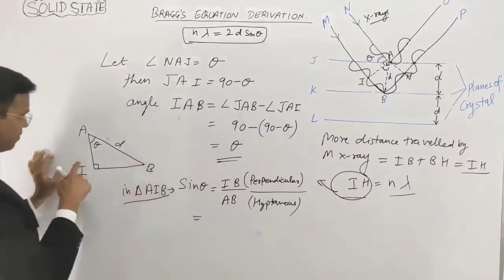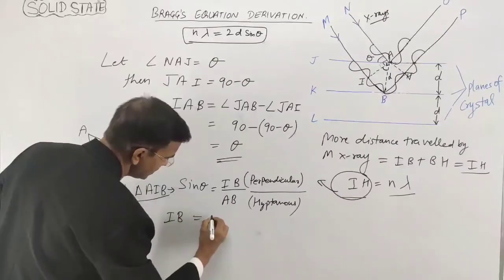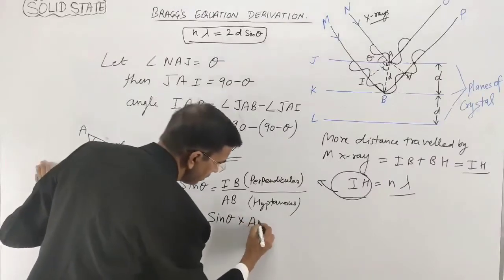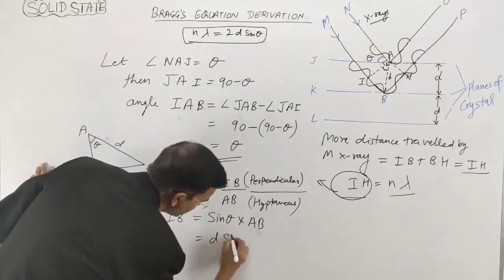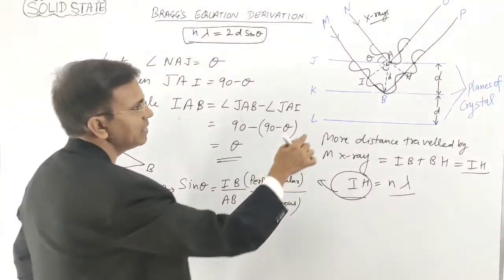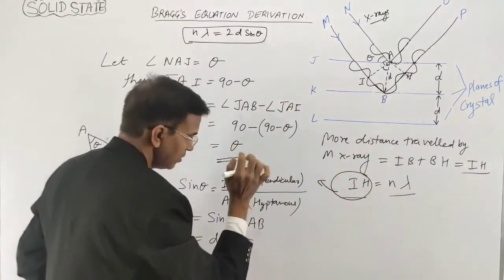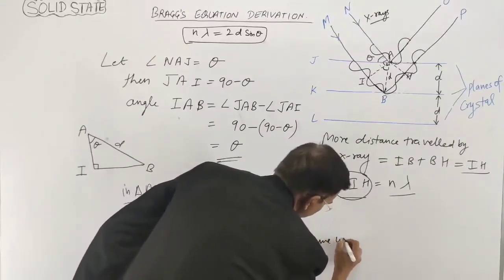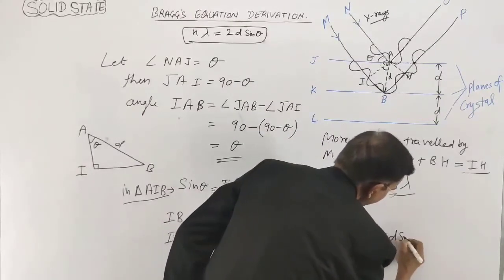Now we have to calculate IB, so IB is equal to sin theta multiplied by AB, and AB is equal to d, so it is equal to d sin theta, right? In the same way, as this IB comes d sin theta, BH comes d sin theta, right? In the same way, BH is equal to d sin theta.